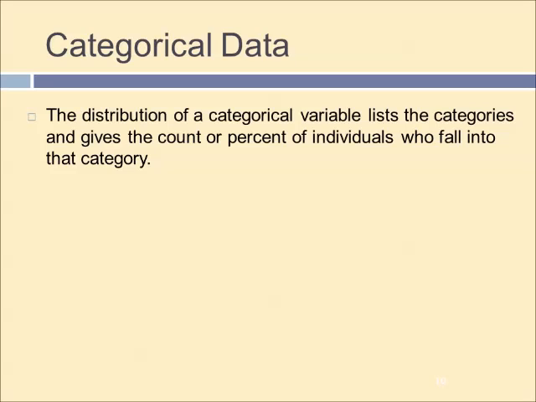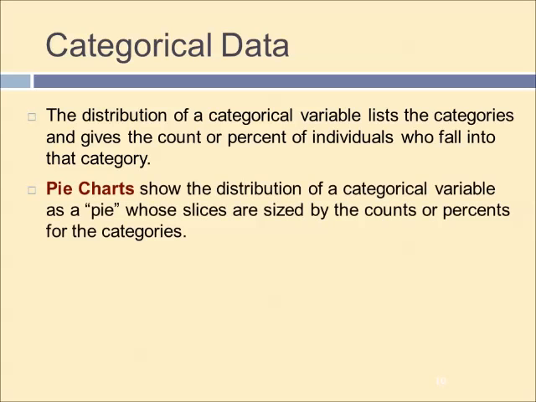So, the distribution of a categorical variable lists the categories and then gives the count or percent of individuals who fall into each category. Pie charts show the distribution of a categorical variable as a pie whose slices are sized by the counts or percents for the particular categories.